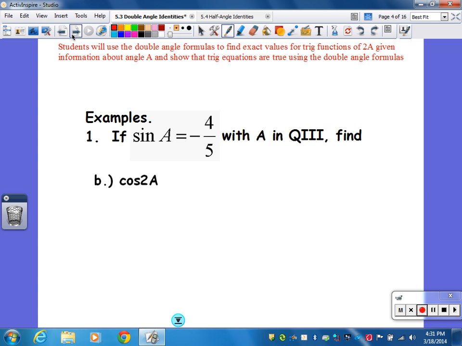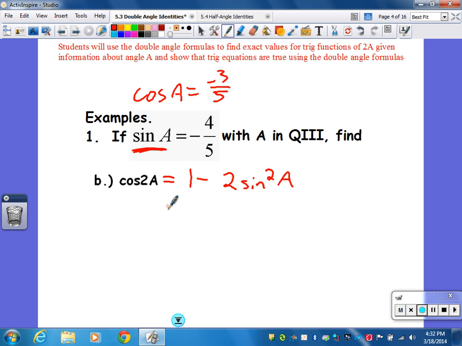So we're just going to use what we know so we don't mess anything up, even though we've already found that cosine A was equal to negative 3/5 from the previous question. I'm still just going to use sine A. So cosine 2A is equal to 1 minus 2 sine squared A. That's one of the formulas for cosine.